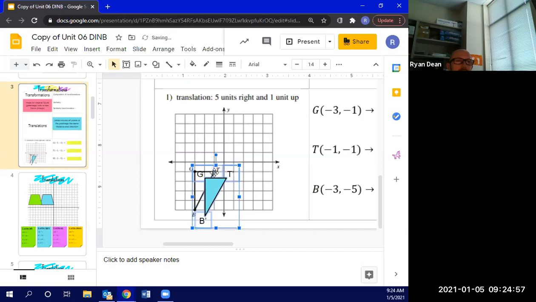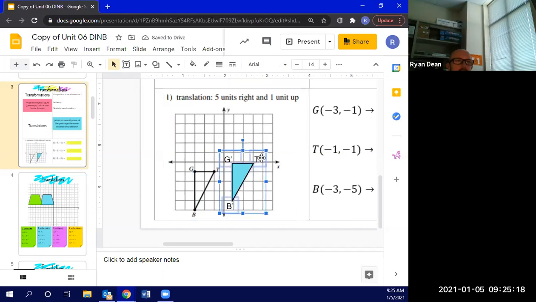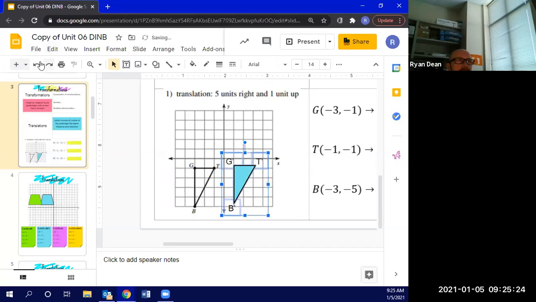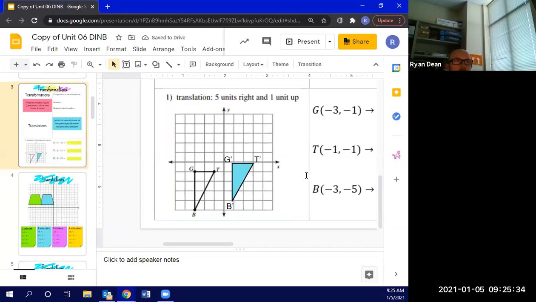So T is right here at -1, so it's going to be at a +4. 1, 2, 3, 4, and then 1 up. So that's roughly where it will be. This is just a rough estimate of where it's going to be. Okay, it's not perfect, but this is the best that we can do.